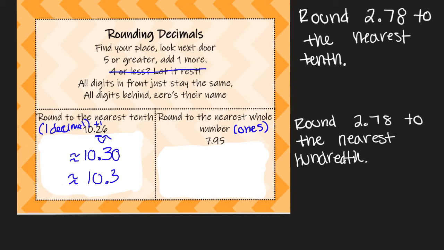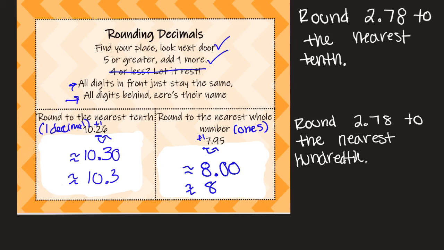So I find my place, I look next door. Did that step. 5 or greater, add 1 more. 9 is bigger than 5, so I add 1 to the 7. Okay, so this becomes 8. There's no digits in front, so it's just 8. Then all digits behind become 0. So anything to the left of that 7 becomes a 0. So 8.0 or just 8.